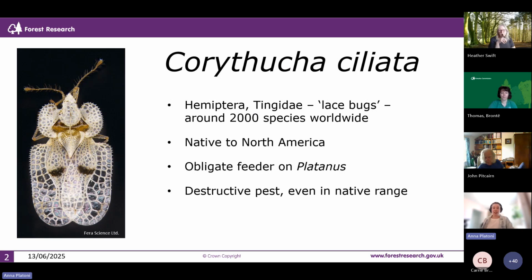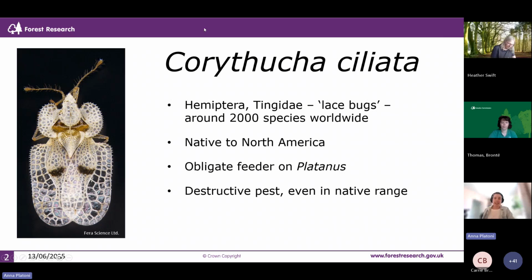This particular one, the platanus lacebug, is native to North America, and it feeds on trees from the genus Platanus. In the US, Platanus is known as sycamore, and this can lead to some confusion in the UK because we use sycamore to refer to Acer pseudoplatanus. So for this reason, this pest has two different common names. In the US you might see it referred to as sycamore lacebug, and in the UK it's often referred to as plane lacebug.